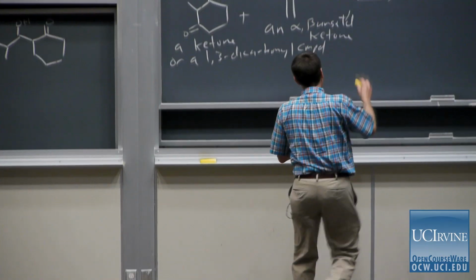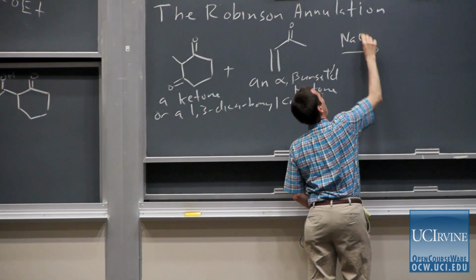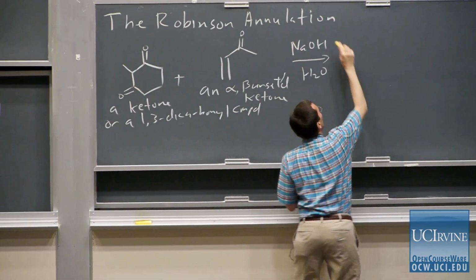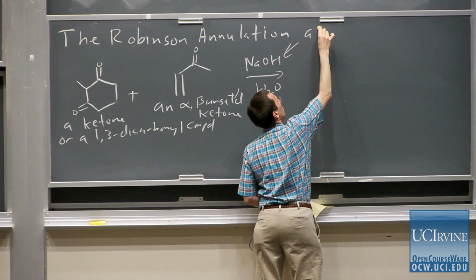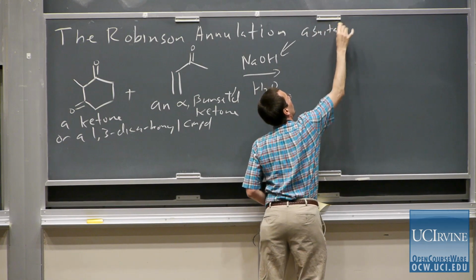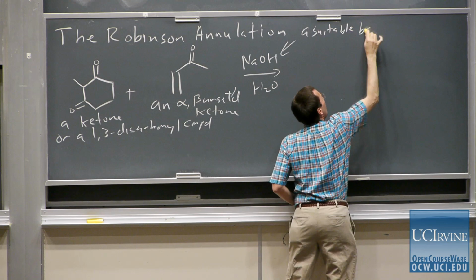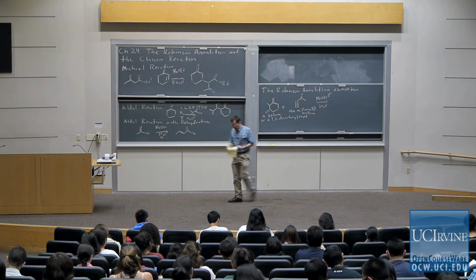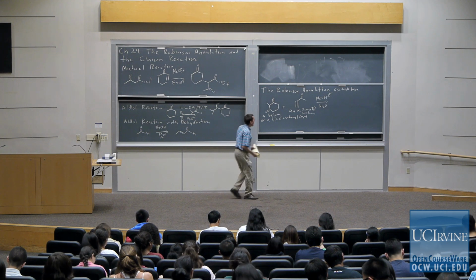We're going to, in this particular example, use sodium hydroxide and water, one of our favorite conditions, but I'll say a suitable base here. If we have time, I'll even give you an example of an acid-catalyzed Robinson annulation reaction.